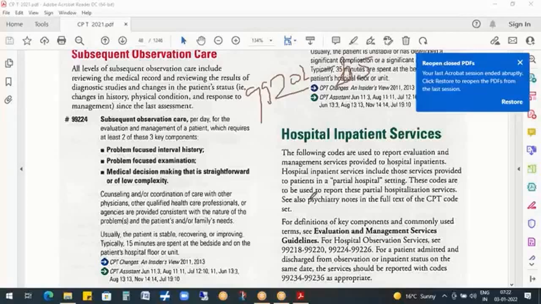Next one, B, subsequent observation services.